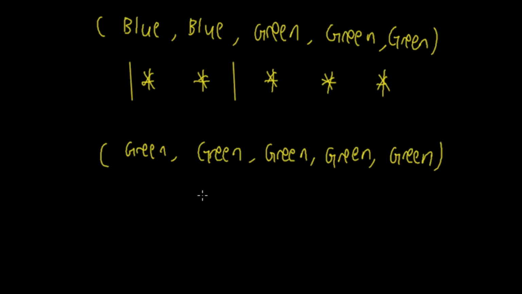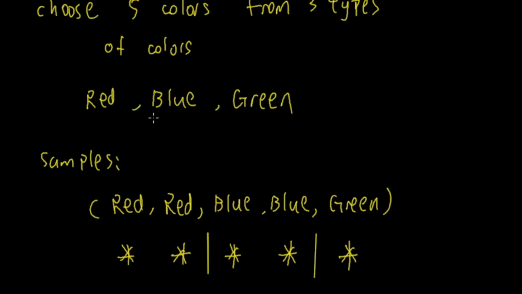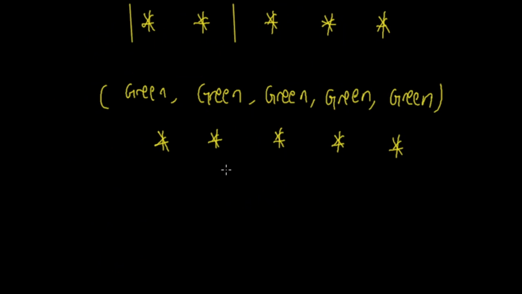Again, there are 5 colors, so I have to draw 5 stars. That's one category, and we know that red and blue come before green, so there's nothing there. So I will draw 2 bars here. That's 0 red, 0 blue, and 5 greens.